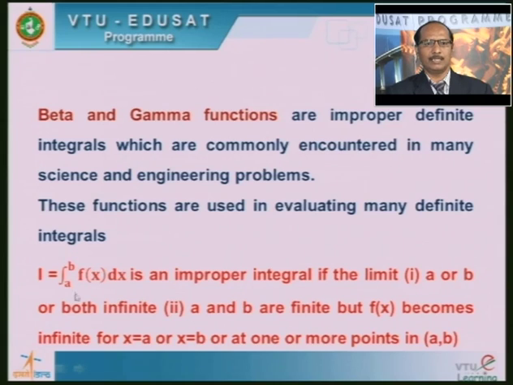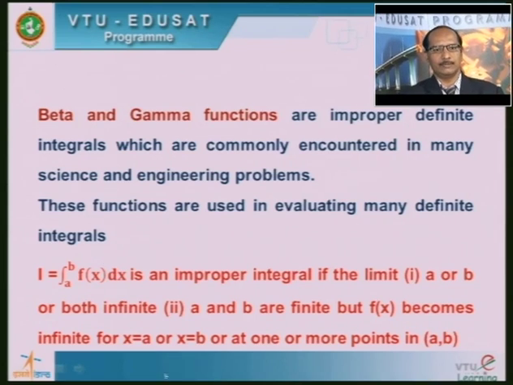Suppose the integral from a to b of f(x) dx, any integral with the limits a to b, is said to be an improper integral in this case: case 1, if the lower limit or upper limit or both limits are infinity, then the integral is said to be an improper integral.